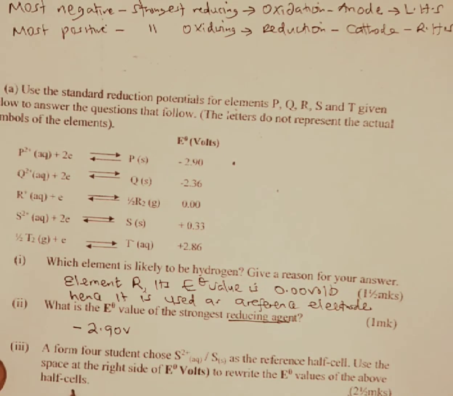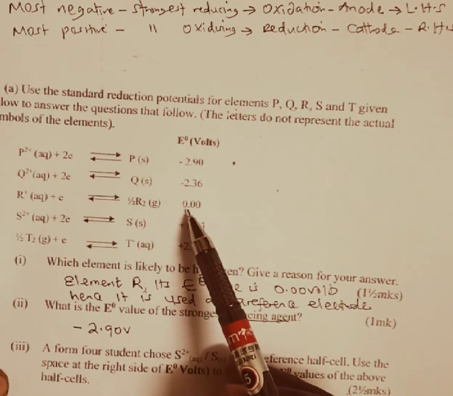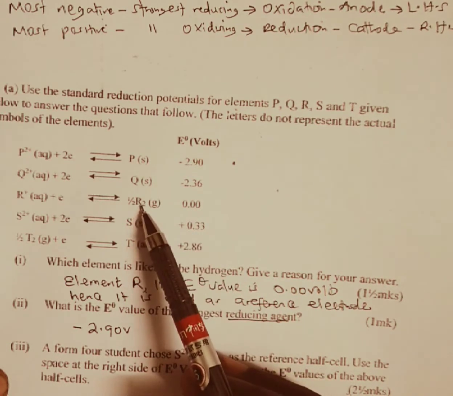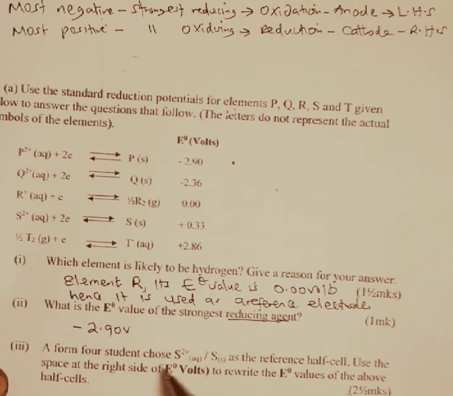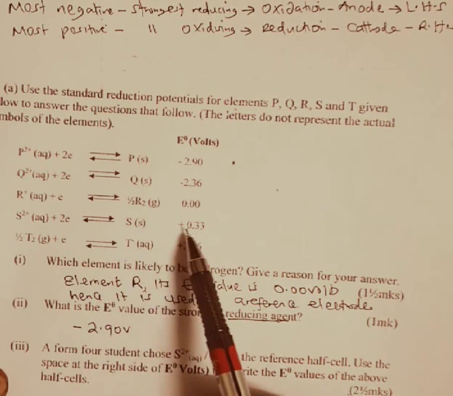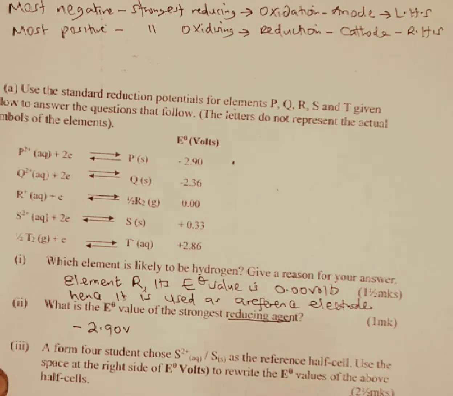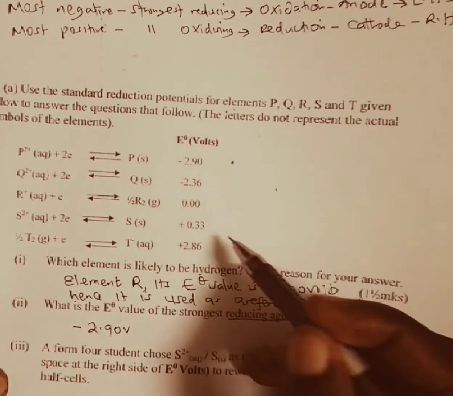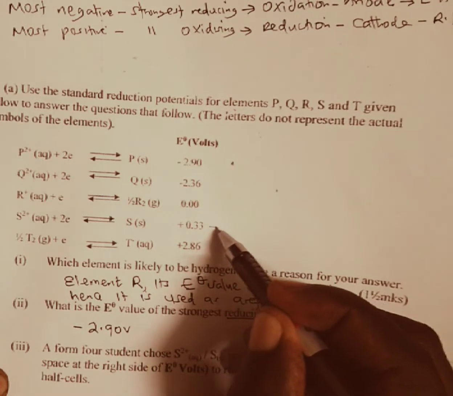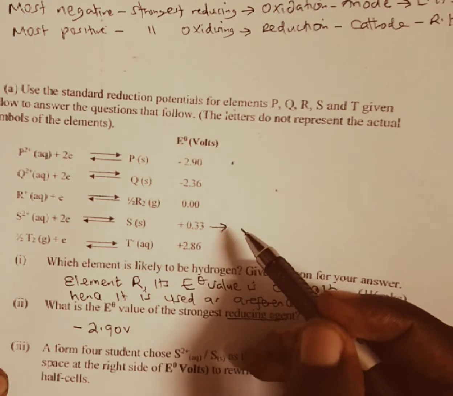In this case, the element that is used as our reference half cell is that of R, but the student has chosen to use S. If you look at S, S has an E theta value of positive 0.33, and therefore, for S to be used as our reference electrode, it must have an E theta value of 0 volts.